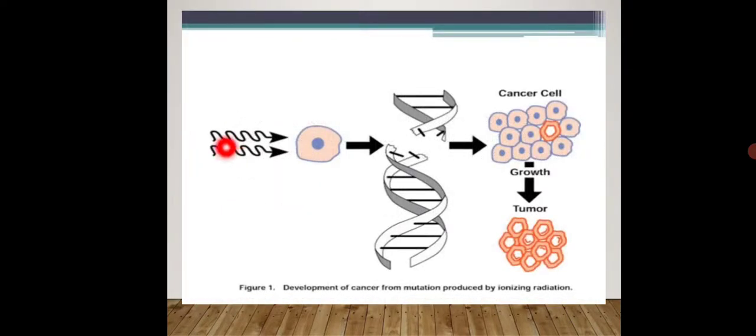When these radiations fall onto the tissue, they penetrate it, and the genes of the tissue get broken.